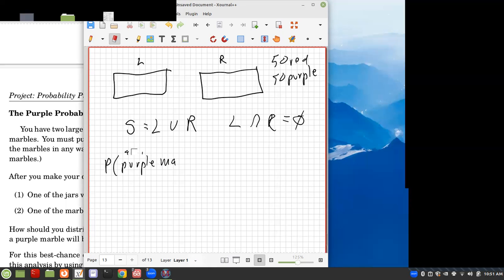What's the probability that you choose a purple marble given whatever distribution you have? This is an absolute probability, but you can write it using the law of total probability, figure out those probabilities given your distribution, and then understand how to distribute these in such a way as to maximize your chances of getting a purple marble.